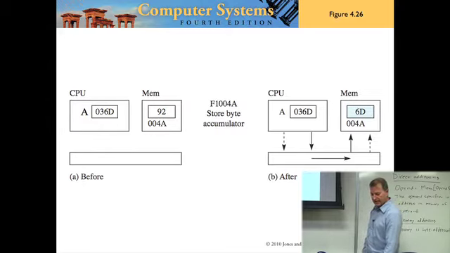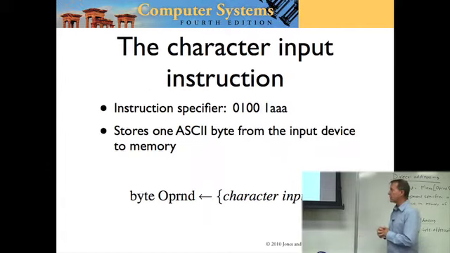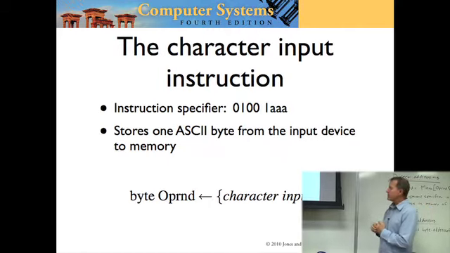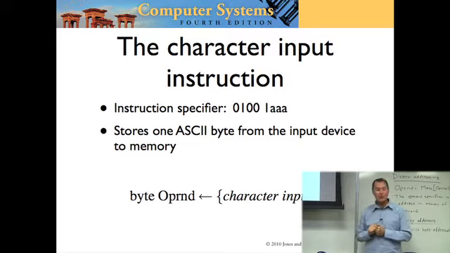Now the next two instructions are character input and character output. For the character input instruction, what are the 4 parts of a computer? Input, CPU, main memory, and output.